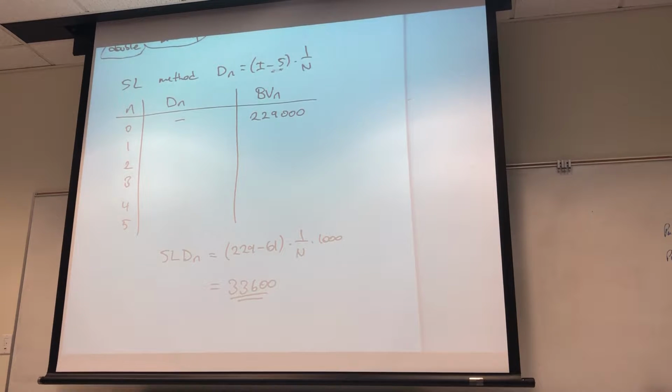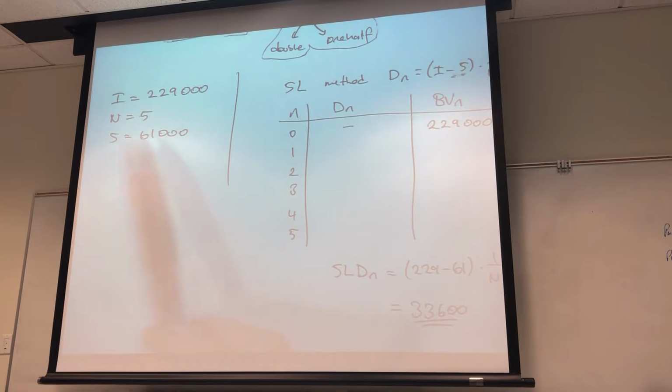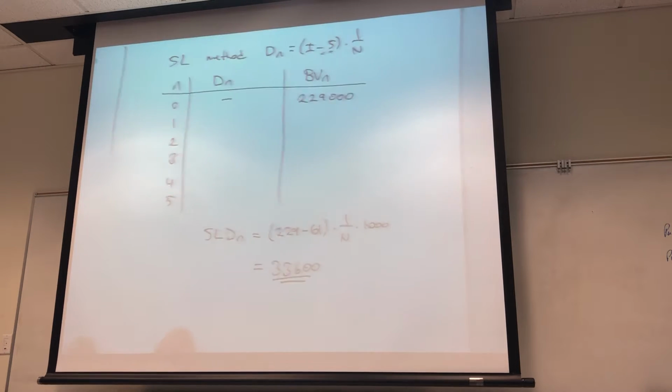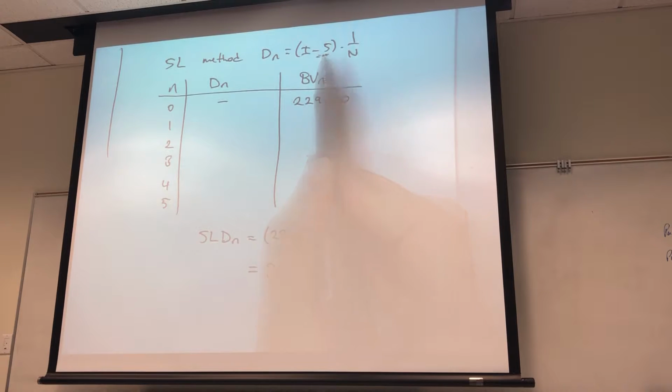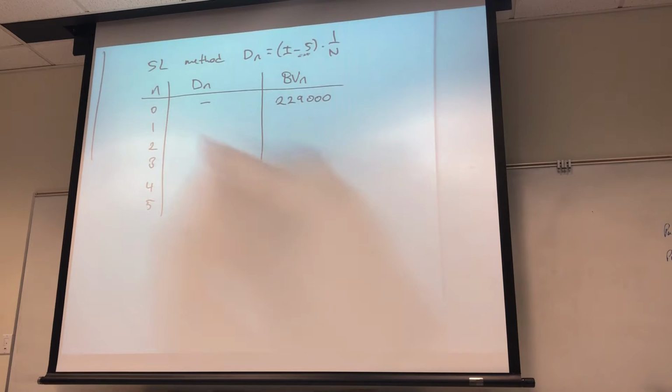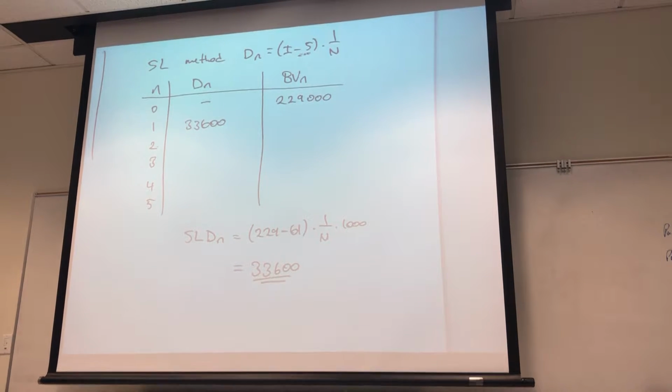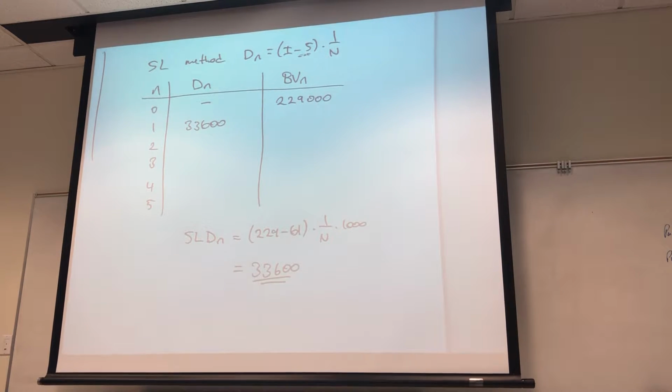Okay, 33,600. So I'm going to go 1-2 steps, and then the rest is on the solutions. I'm just going to show initial steps. So first year, we say, hey, IRS or whoever, we got this as depreciation. Now our book value will be equal to 229,000 minus 33.6K. Now we can say, hey, our cool machinery is worth $195,400 because it lost its value, it got wear and tear, whatever.